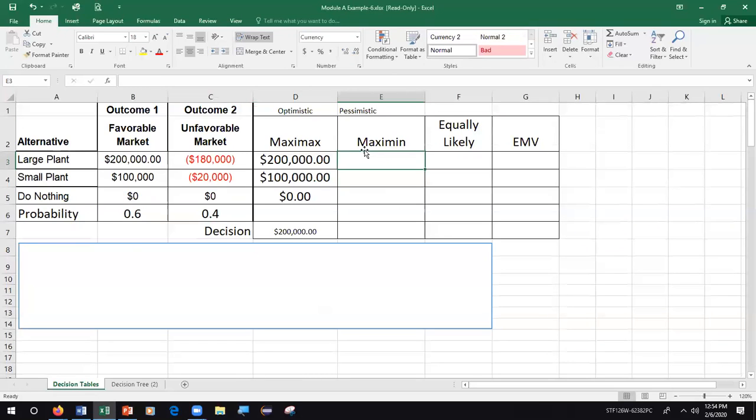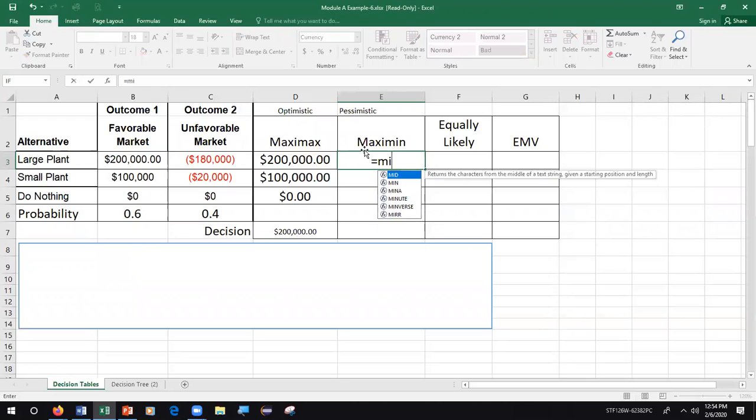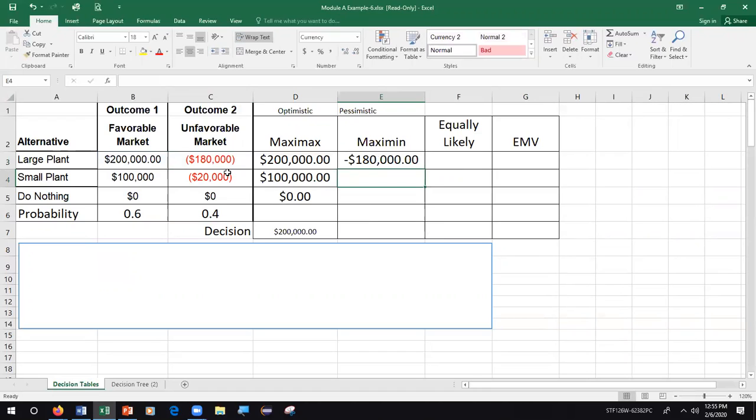So that conversely would be equal to minimum, and then we're going to look at, if we pull that down.